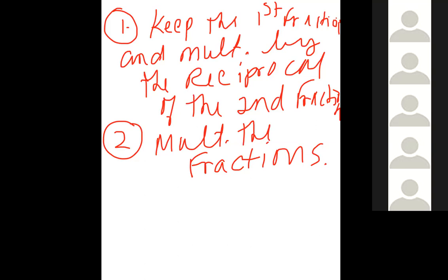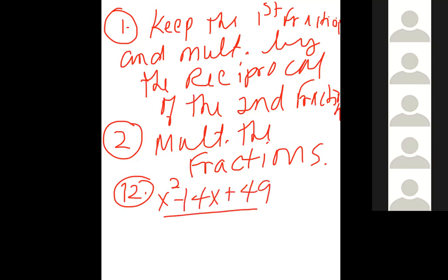All right, guys. So here's the example problem I'm going to look at with you guys, okay? It is number 12 from the assignment. And this one is x squared minus 14x plus 49 over x squared minus 3x minus 28.